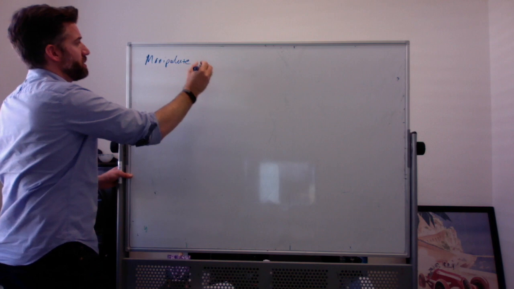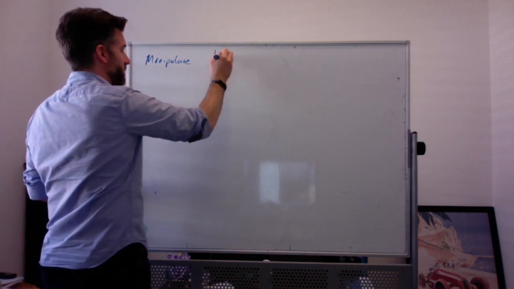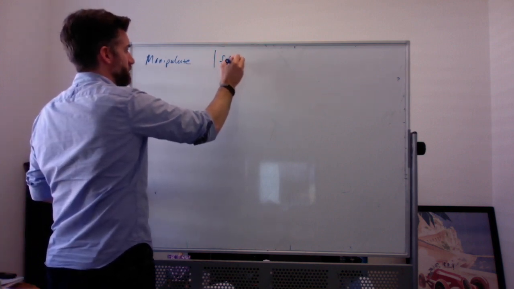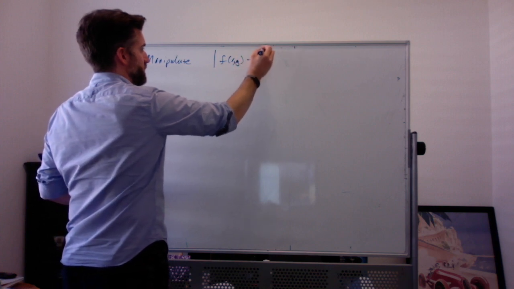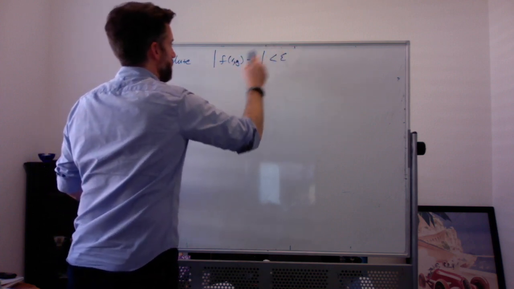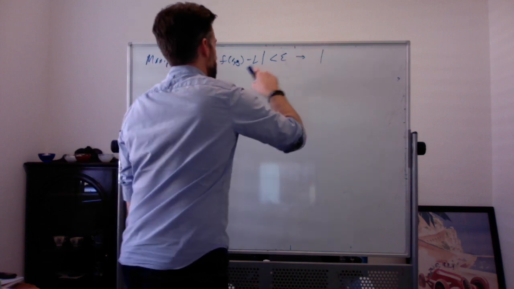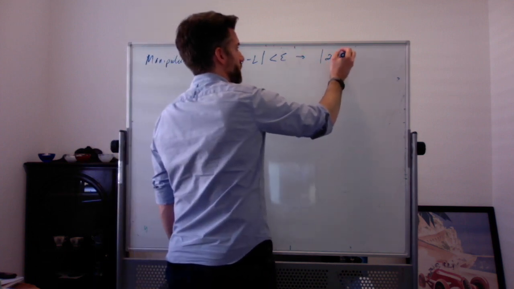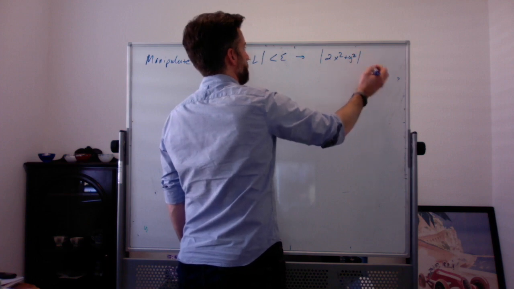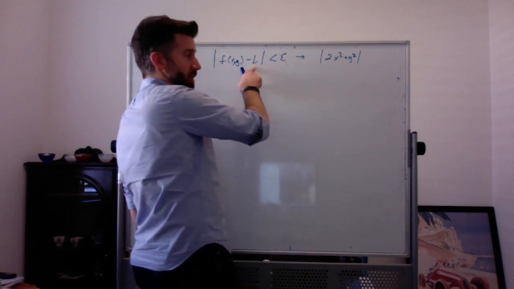We want it to be true that the absolute value of f(x, y) minus the limit is less than epsilon. Our f(x, y) is just the function we're working with, so that's the absolute value of 2x squared plus y squared minus 0. I don't like the minus 0.